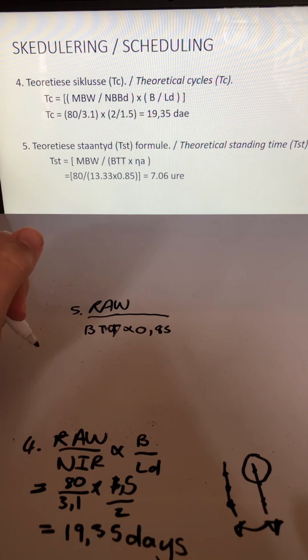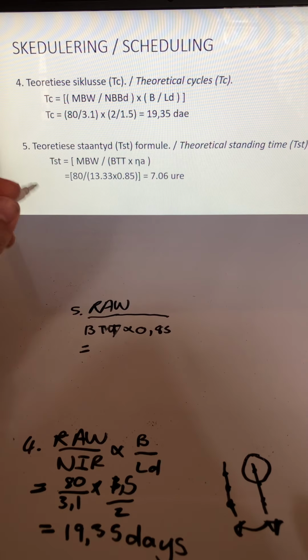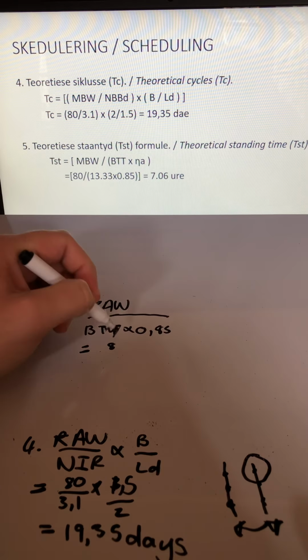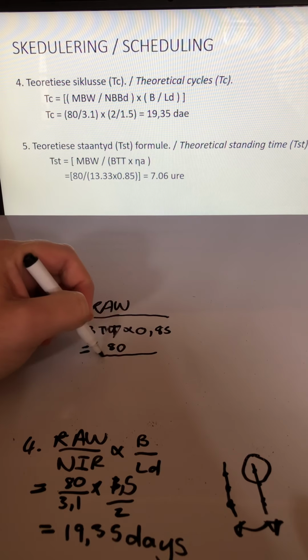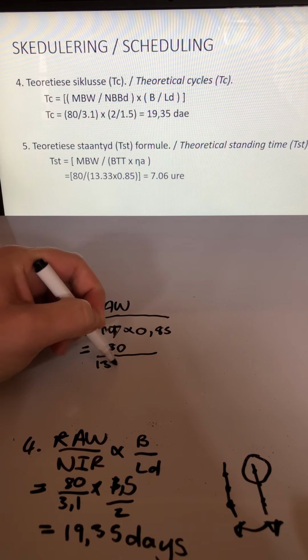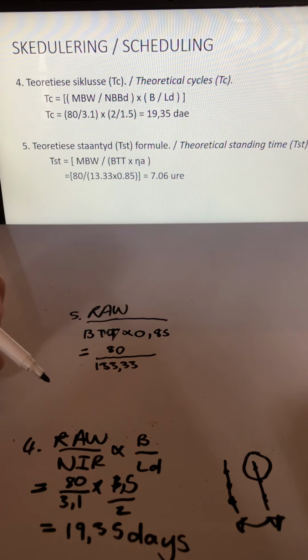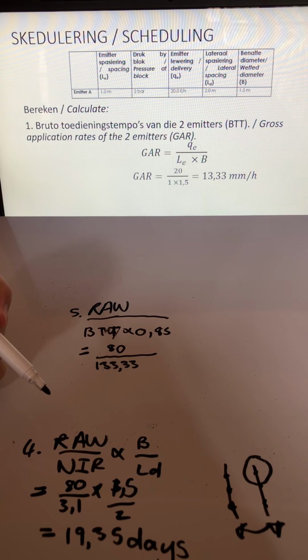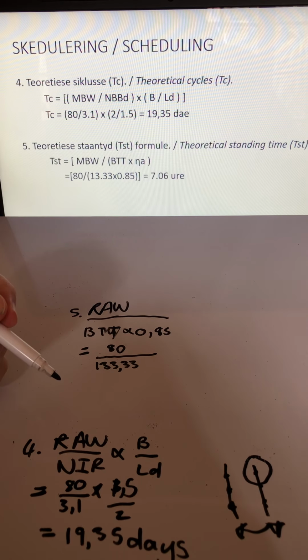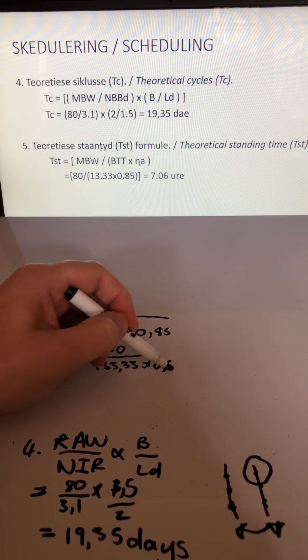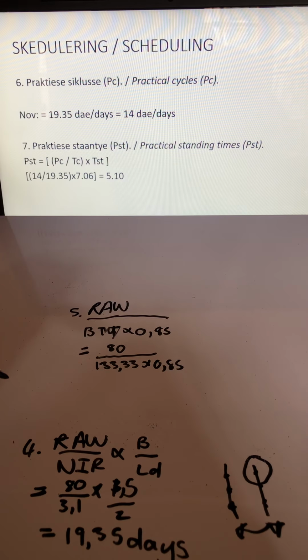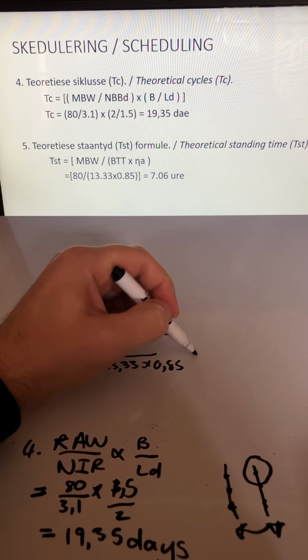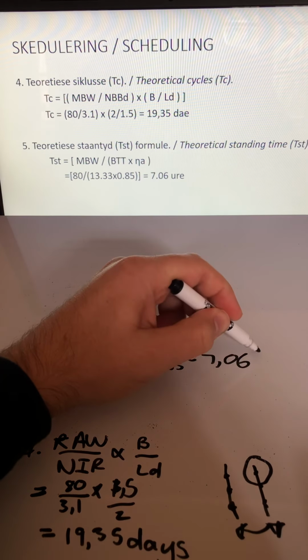So if you have an irrigation system with an efficiency of 85%, then the calculated readily available water was 80 divided by 13.33, which was calculated as your gross application requirement, and then multiplied by the efficiency of your irrigation system, and that answer is 7.06 hours.